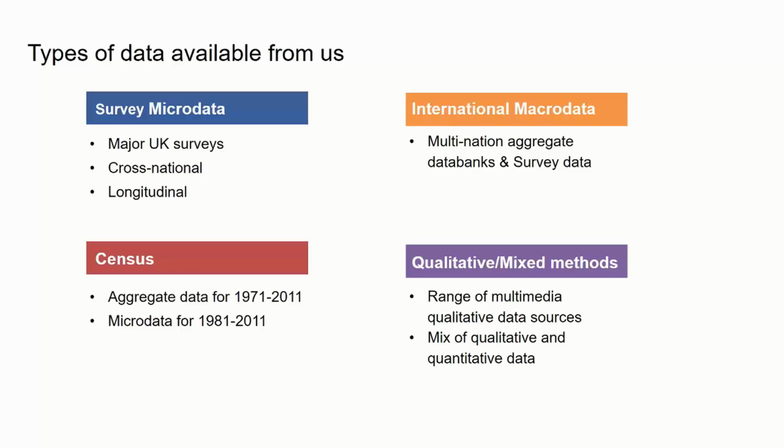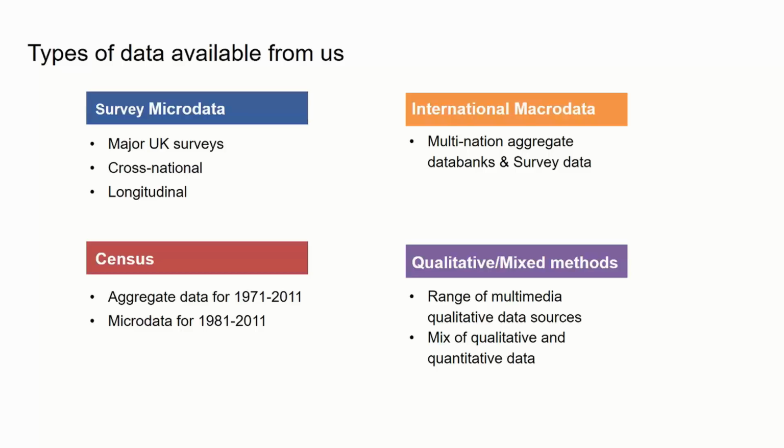We hold just over 7,800 datasets of a number of types, and with new datasets being added all of the time. Here, we focus on 4 key types of data. These are our most popular data. Survey microdata, for example, the Understanding Society series or the Quarterly Labour Force Survey series.